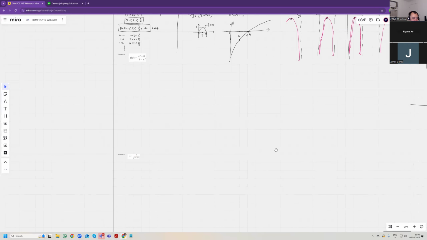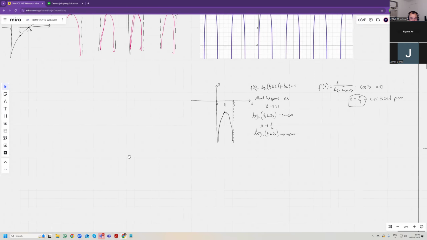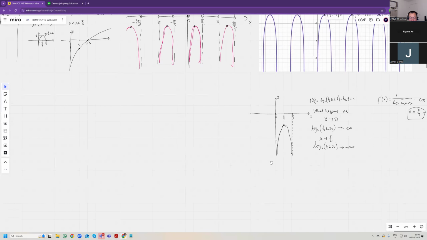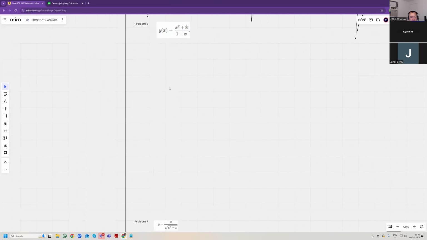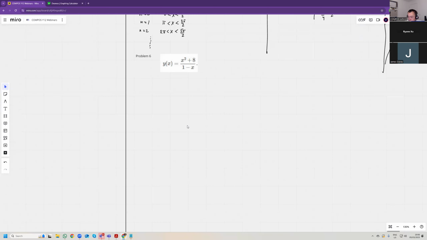Okay. Now let's do some with slant asymptotes. By definition, if you want to do a slant asymptote, there are two ways you can find them.